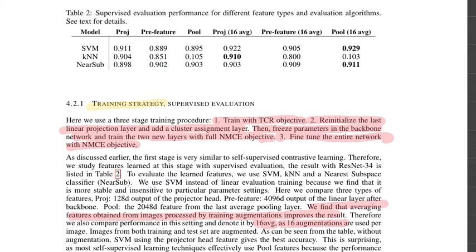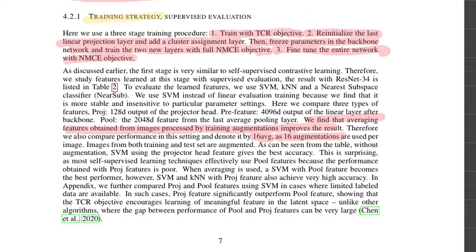Now going back to the table here, look at this part. Now they mention here that, as it is shown in the table, without augmentation, SVM using the projector head gives the best accuracy, which is surprising, particularly because in the self-supervised learning techniques, mostly pool features are being used. Now, when averaging is used, SVM with pool feature becomes the best performer.